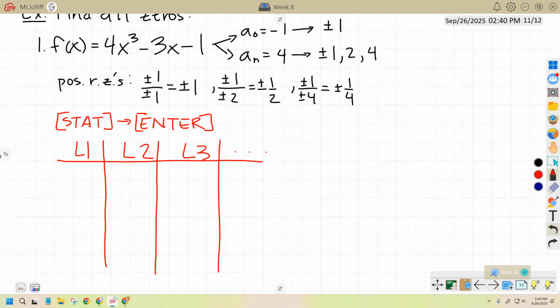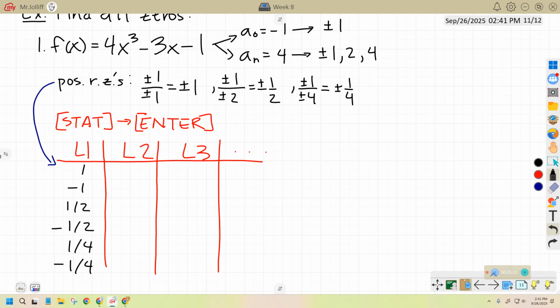Looks like this, yes? What we are going to do is put the possible zeros into list 1. So I have 6 possible zeros. I have +1 and -1. I have +1/2 and -1/2. I have positive 1/4 and negative 1/4. So I'm just going to type on my calculator right now.